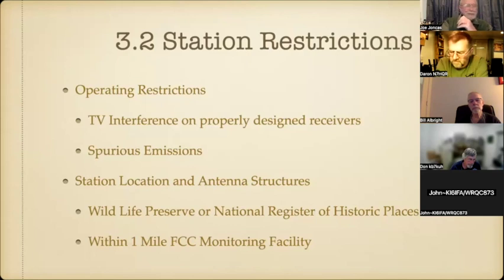Spurious emissions. When you transmit, your radio or your amplifier will put out signals other than what it should be doing. Those are called spurious emissions.